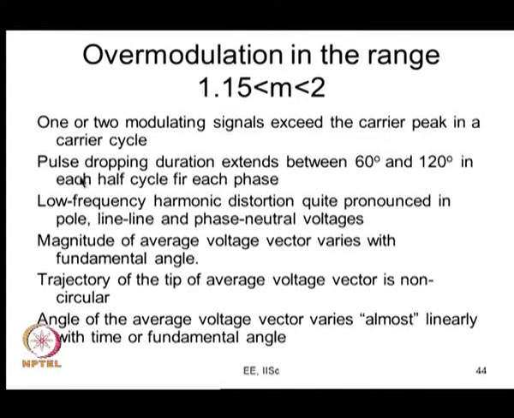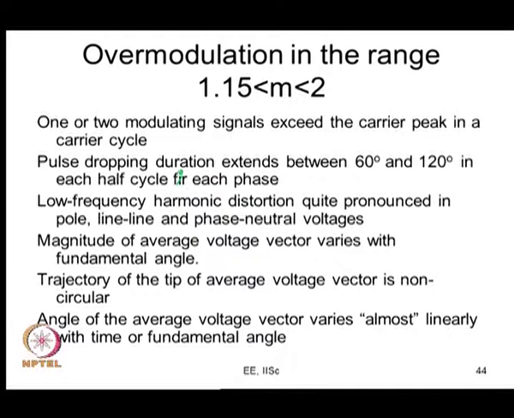So, pulse dropping is there. Pulse dropping is for longer than 60 degree duration, but shorter than 120 degree duration. In fact, if m is 1.15 or 2 by root 3, your pulse dropping duration will be 60 degrees for each phase in each half cycle. If m is equal to 2, you will see that the pulse dropping duration is 120 degrees for each phase in each half cycle. This FIR must be FOR, you could correct it now.